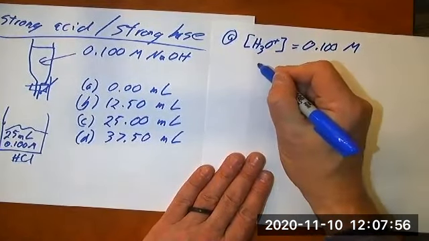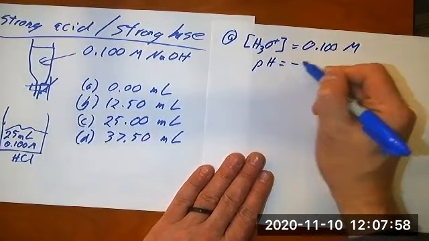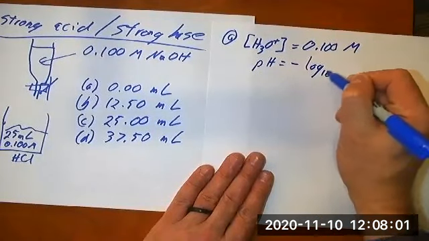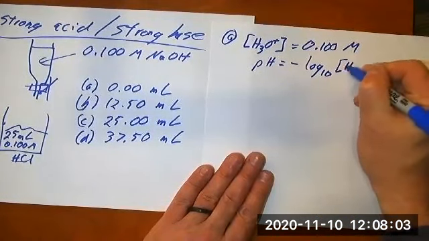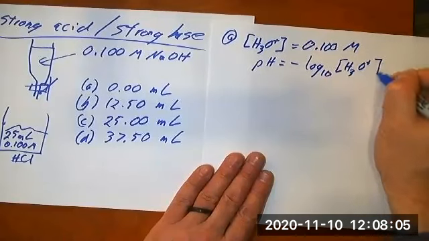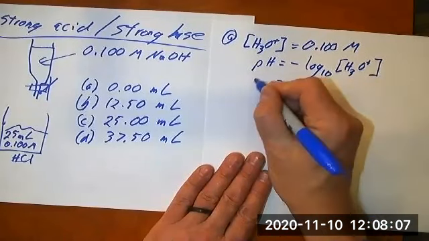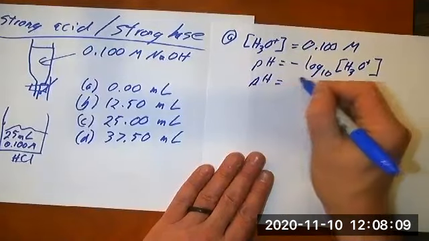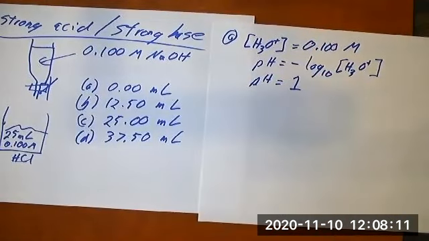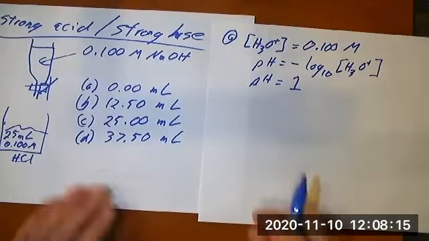We know that pH is the negative log base 10 of the hydronium ion concentration. So our pH in this case is going to be 1. So that one's relatively straightforward.